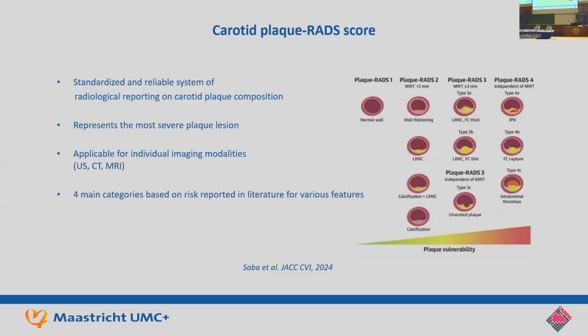And you can use it for ultrasound, CT, as well as MRI. And there are 4 main categories. And these categories are based on the risk reported in literature for the various individual plaque components. So plaque RADS1 is a normal vessel wall, and the most severe category is plaque RADS4, which is a plaque with intraplaque hemorrhage, fibrous cap rupture, or intraluminal thrombus.